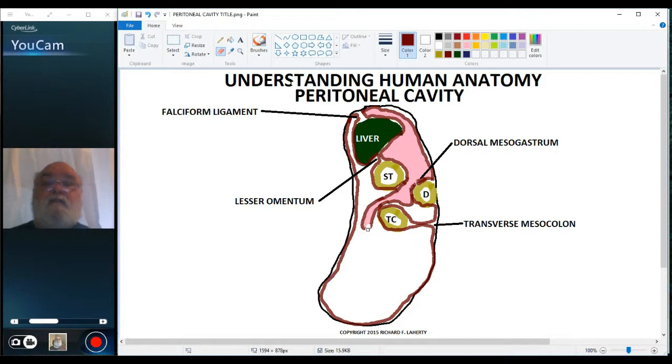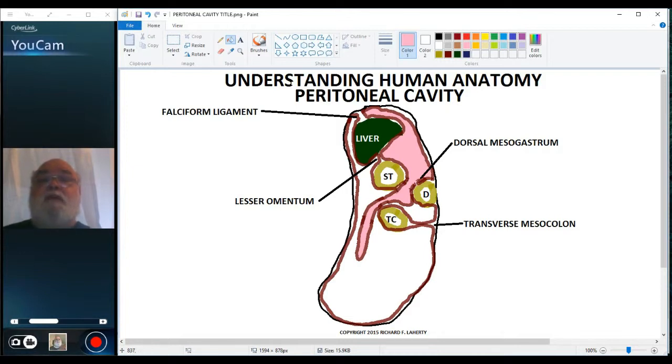And we can have the mesogastrum keep growing. We see here, and now you see it starting to take on the form of the greater omentum.